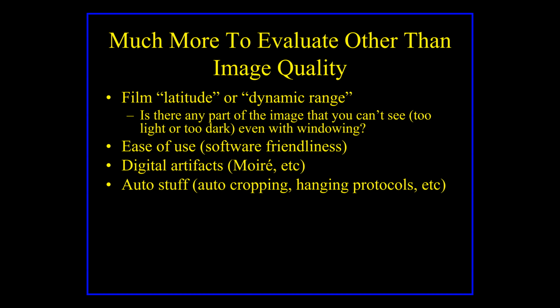So if I have a cat's paw and it's a really small image like this size, the good systems will actually crop that down and only show you that part of the primary beam on your computer. The cheap ones won't. And so you have this big white area around what you're trying to see, which will degrade image quality also. So some of the good machines will do auto stuff for you, where the other machines won't.